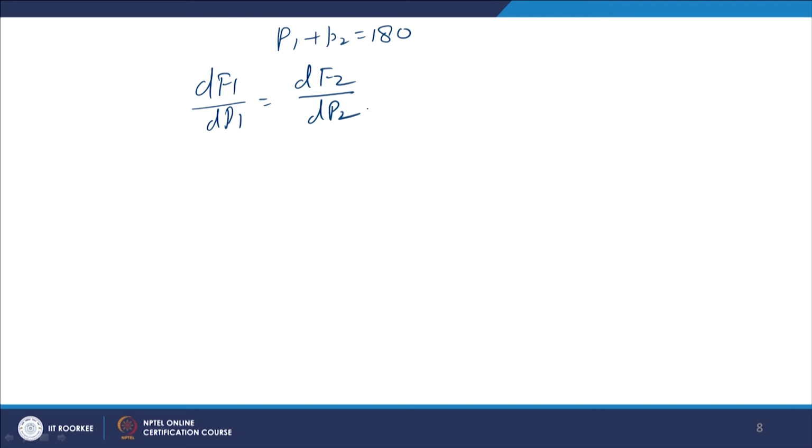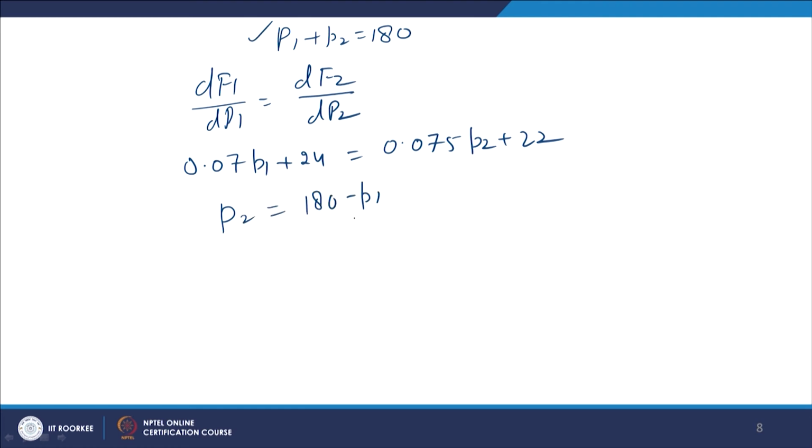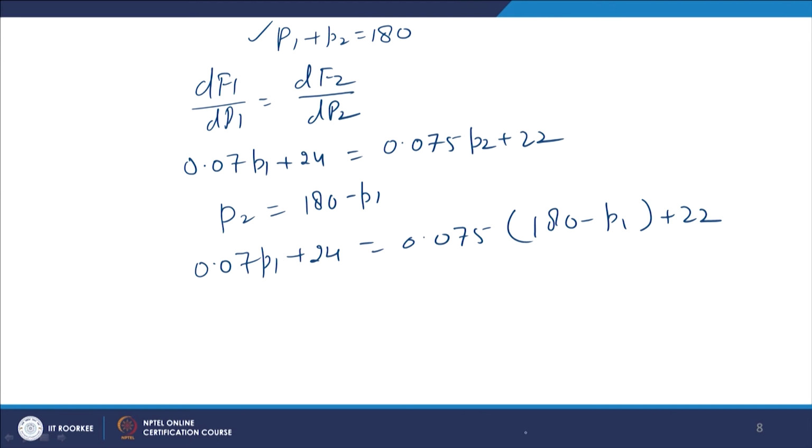Now we put in these values: 0.07 P1 plus 24 is equal to 0.075 P2 plus 22. Now from here we can put P2 is equal to 180 minus P1. So 0.07 P1 plus 24 is equal to 0.075 times (180 minus P1) plus 22.